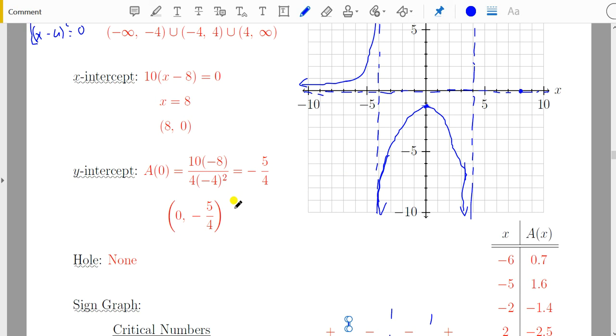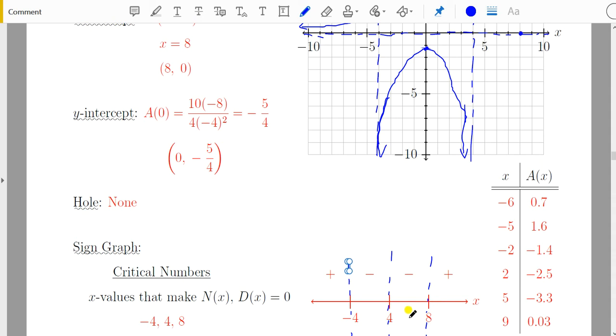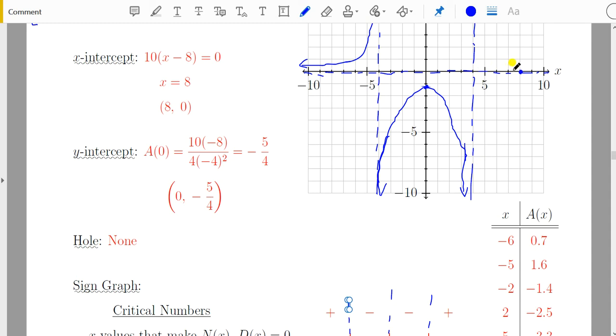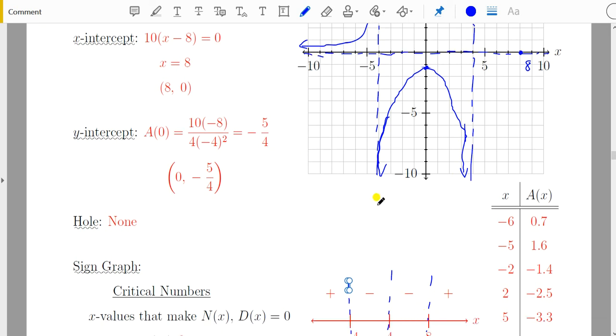And then the last one, the right side, between 4 and 8. Between 4, which is here, and 8, which is here, the graph has to be negative. It must go this way until you hit 8, because you cannot show anything above here.